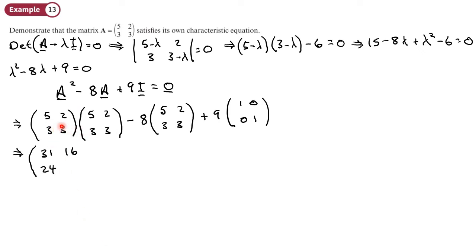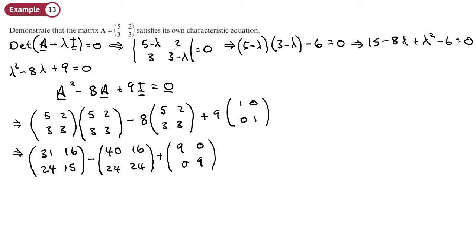And the last one, we're going to have 6 plus 9, which is 15. Now we're subtracting 8 times this, so we multiply all of the elements by 8. So we've got 40, 16, 24, 24, and then we're adding 9 times the identity, so that's just going to be 9, 0, 0, 9.